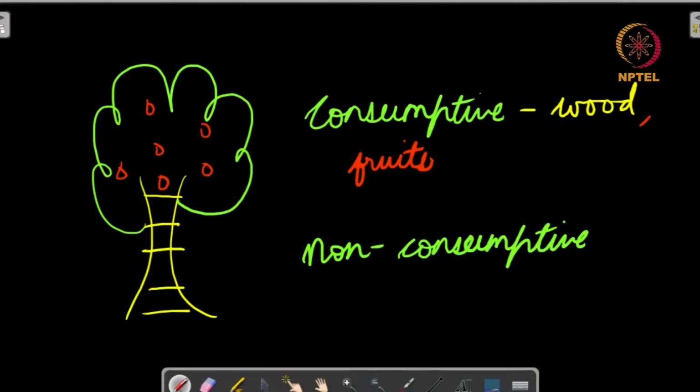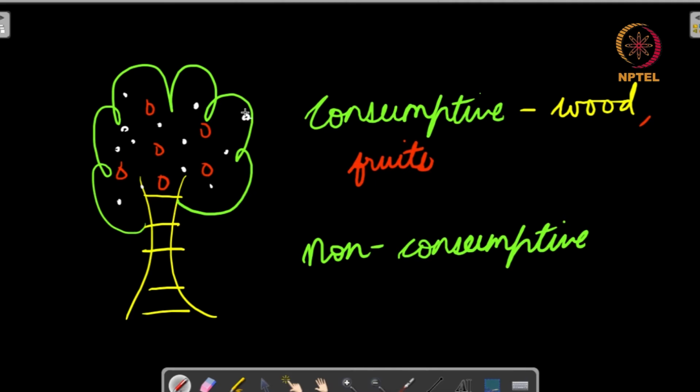Whereas we can also use the tree in a non-consumptive manner. How? Suppose this tree has beautiful flowers and we decide that we are not going to pluck these flowers, but we are just going to see the beauty of these flowers.